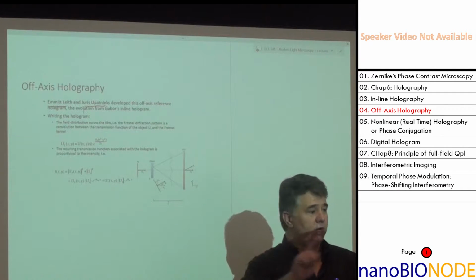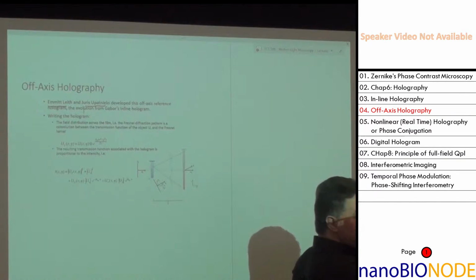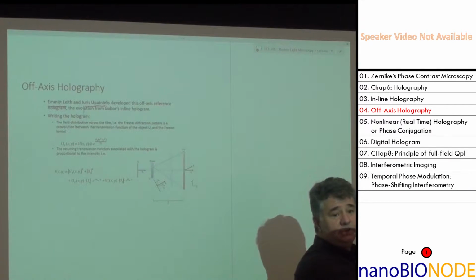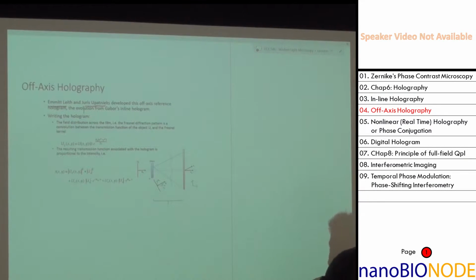So if I look at one here, my ghost image will be here. That would be ideal for me. I don't want my ghost image to send light on the same line. If I could offset it, so I look at this and don't get this effect, that would be ideal. This is what off-axis holography does, and this is what saves the field of holography, because the inline approach couldn't really go any further; it hit the wall at some point.